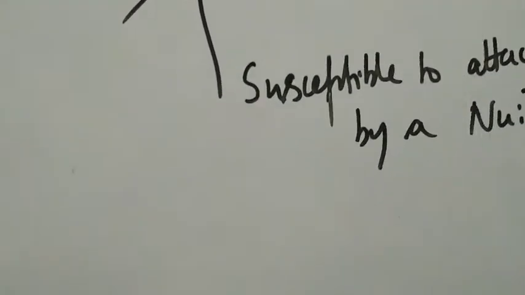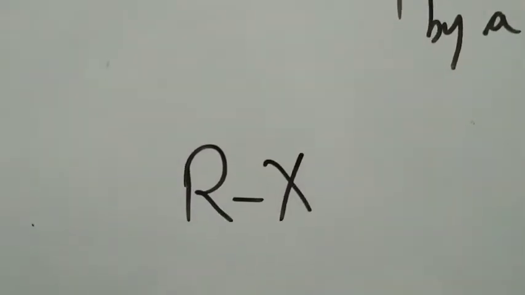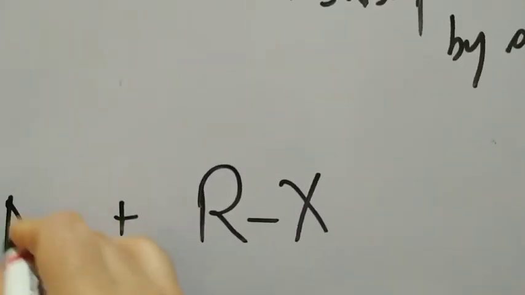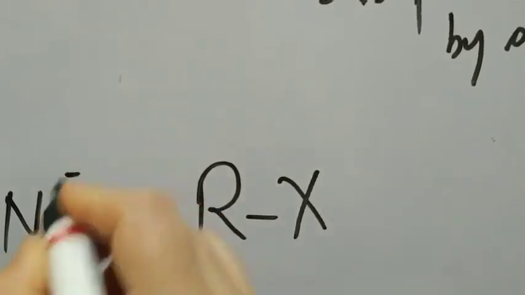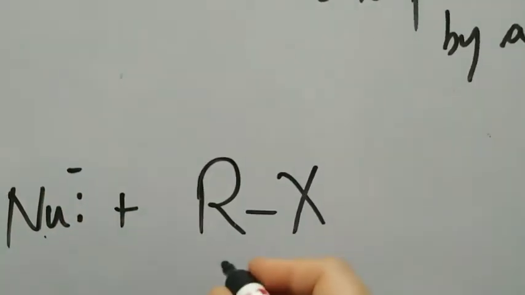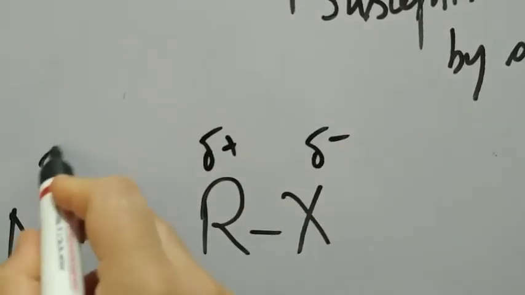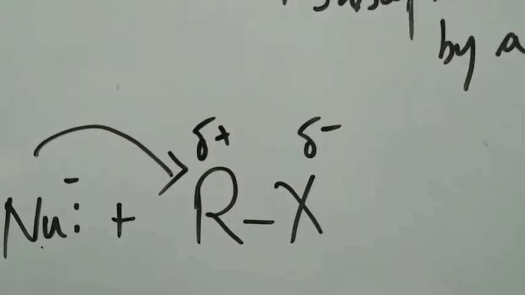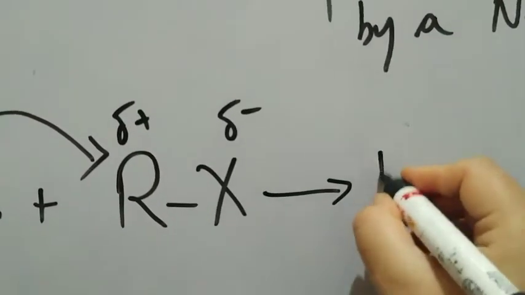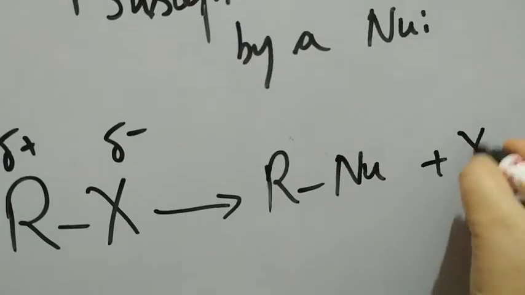So if we have to show a general reaction, if this is our haloalkane, RX, it is reacted with a nucleophile. We use a reagent which contains a nucleophile. In this case, this is delta positive, this is delta negative. This will attack the positive site, and what we get is R-Nu plus X negative.